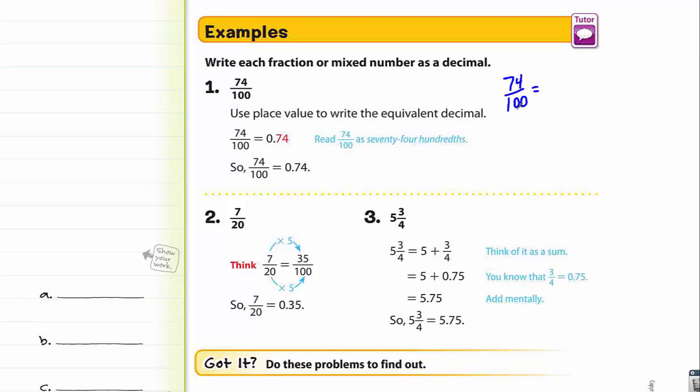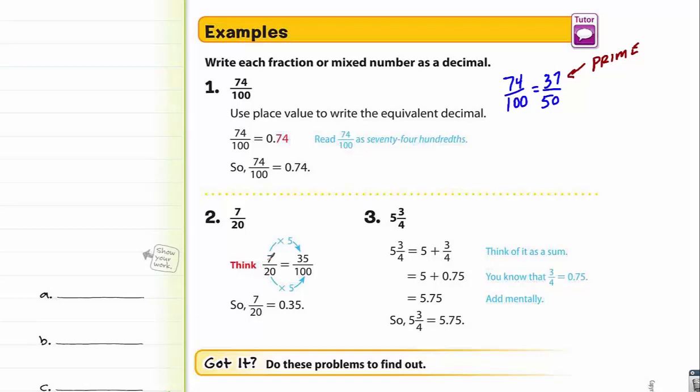Let's start out easily. They're both even numbers, so divide them both by 2. 100 divided by 2 is 50. 74 divided by 2 is 37, and now we're done because that number, 37, is prime. Prime numbers mean the only things that go into it are 1 and itself, so that one's done.